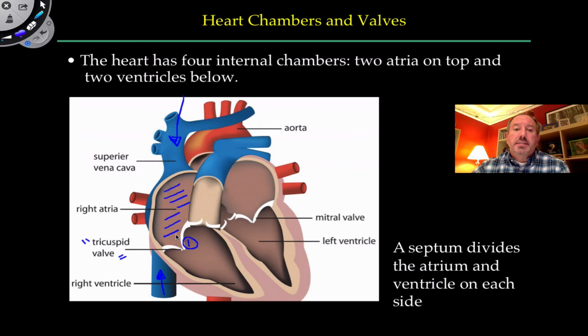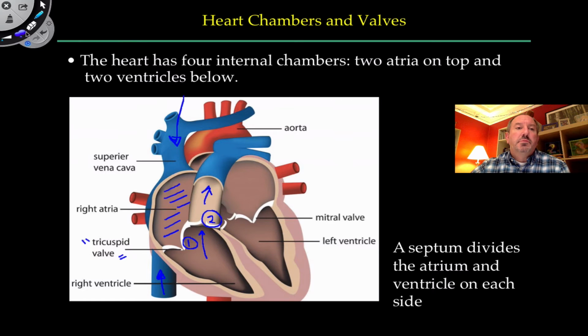It separates the atrium and the right ventricle, and it prevents backflow into the atrium when the ventricle contracts and pushes blood through the pulmonary semilunar valve, which is the second valve right there, as deoxygenated blood travels off towards the lungs.